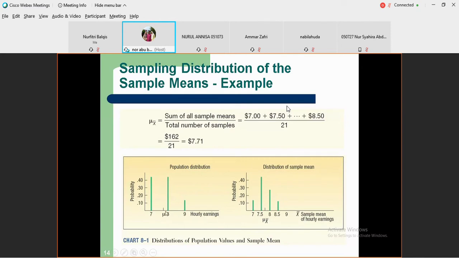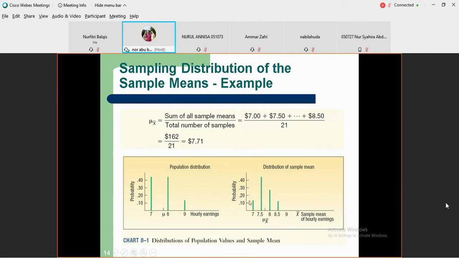And then if you look at the graph here, okay, what is the shape of this graph? Okay, macam rendah kiri, rendah kat kiri kanan kan, dan tinggi dekat. Okay, yang ni mungkin tak nampak sangat lah shape dia macam mana kan.